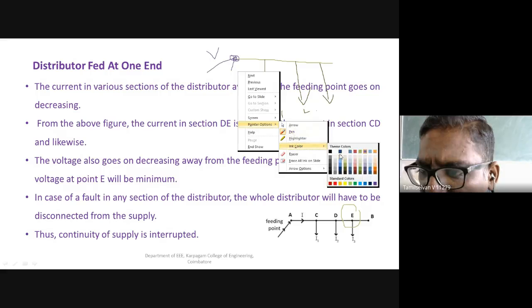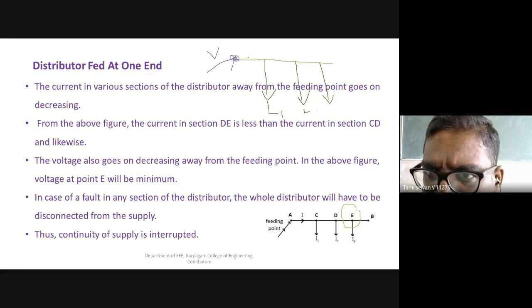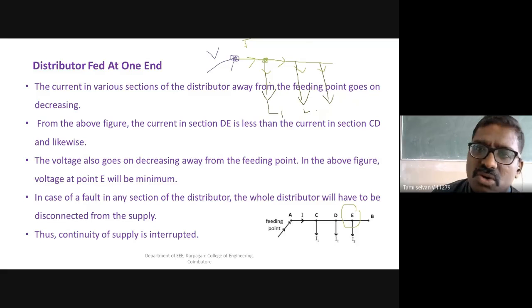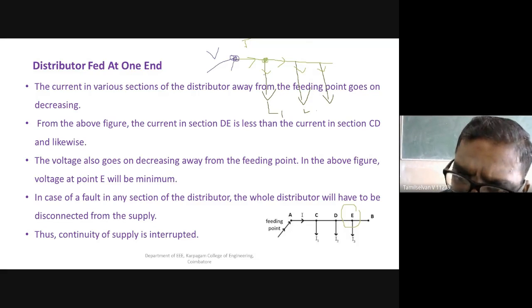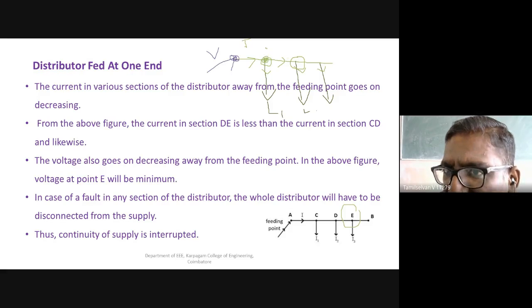Since there is tapping, the current will divide at this node point, and again at the next point, and again at this point. If I know the current value, then I can calculate the potential at this node, at points C, D, and E.